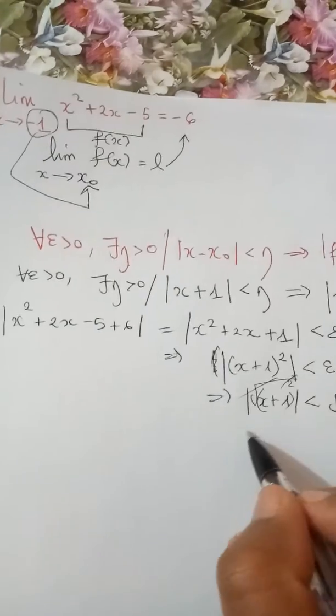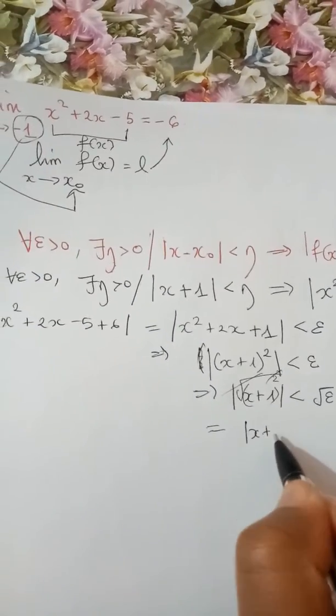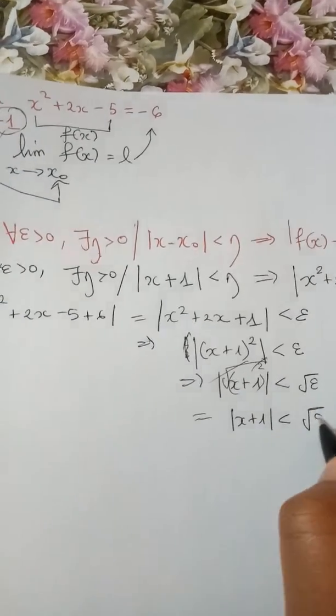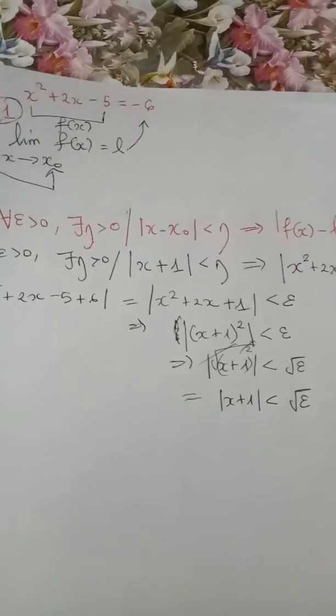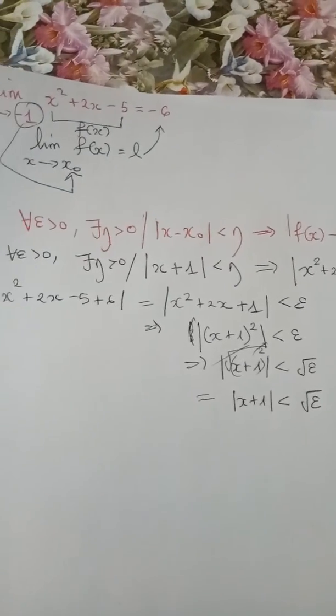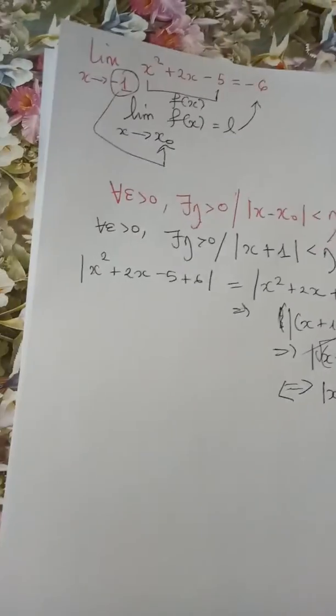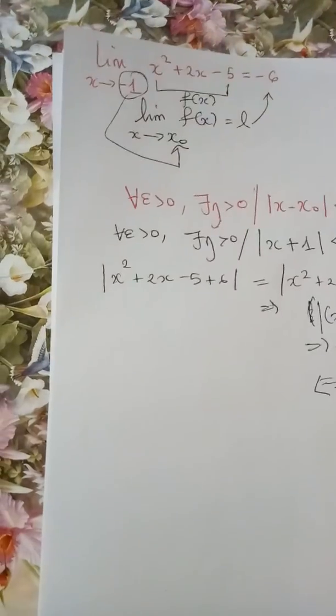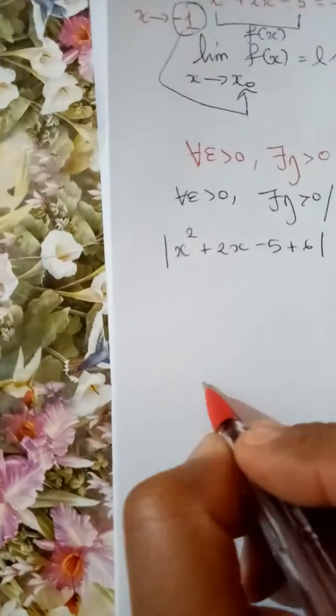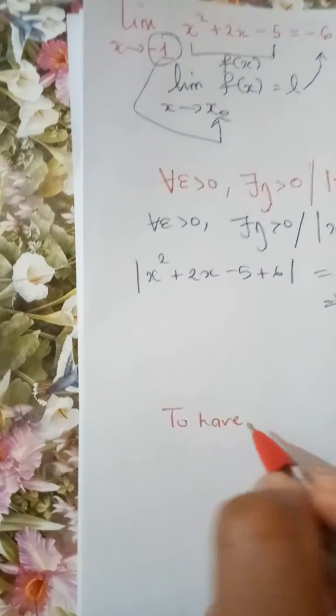What am I left with? I'm left with |x plus 1| less than the square root of epsilon. So this is equivalent, just like we did in the last video.